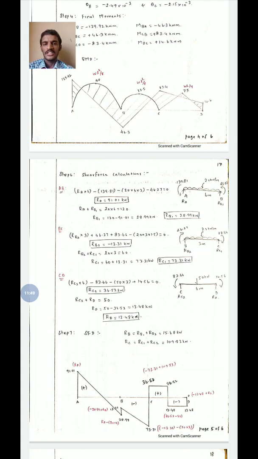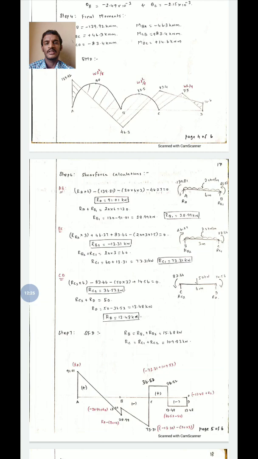Reactions calculated. Moment taken at the B end, MB is equal to 0. Considering from the left end, RA into 6 meter for the reaction. The reaction rotates in the clockwise direction, therefore it is considered positive. Then the anti-clockwise moment 139.81 is considered minus, and the UDL load is acting in the anti-clockwise direction when seen from the B end.